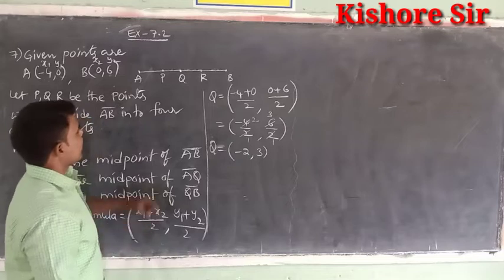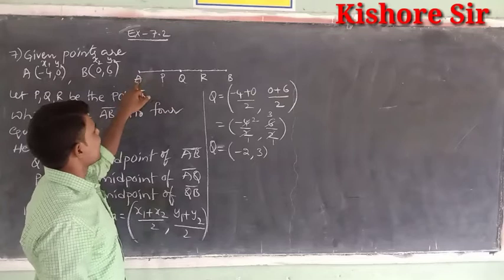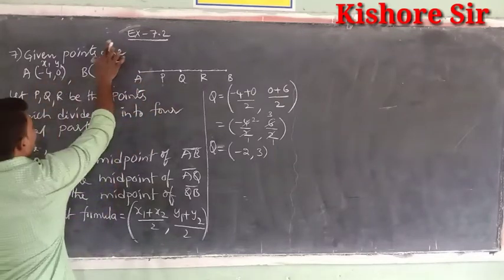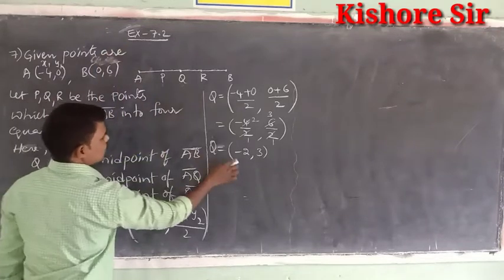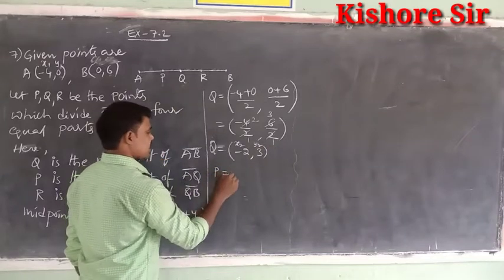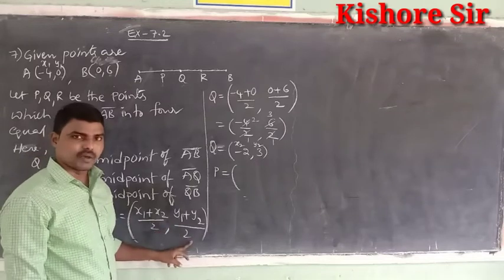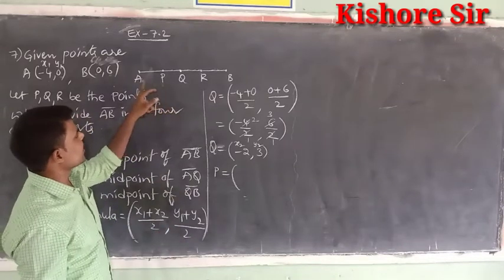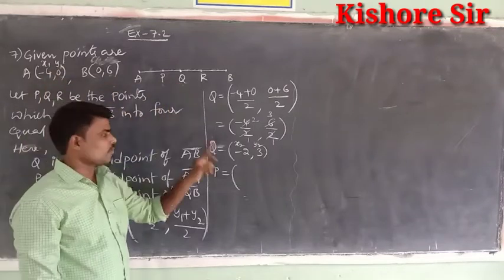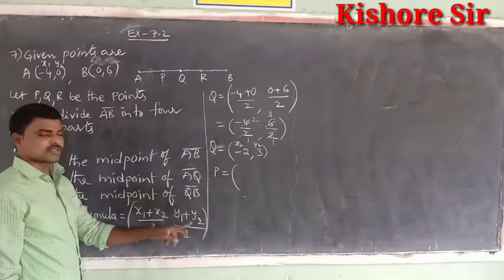Now find the coordinates of the point P. P is the midpoint of AQ. Take the first point A as x1 comma y1 and the second point Q as x2 comma y2. The formula is x1 plus x2 by 2, y1 plus y2 by 2.